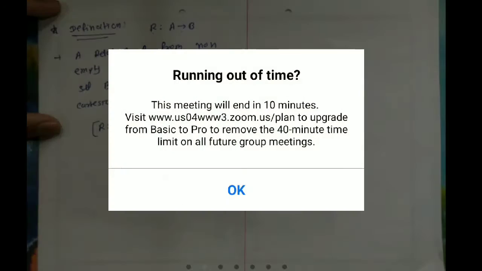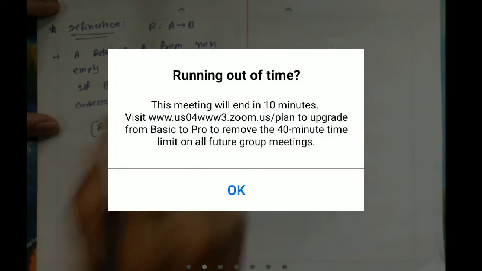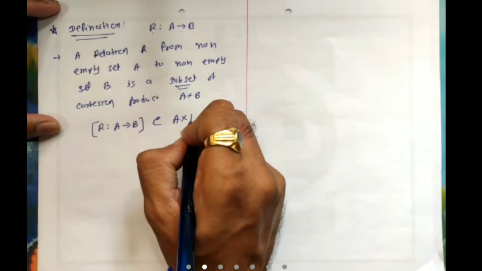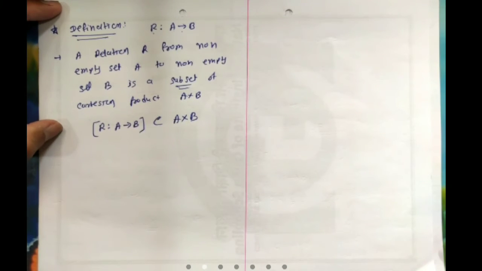Relation R from set A to B is a subset of the Cartesian cross product of two sets A and B.